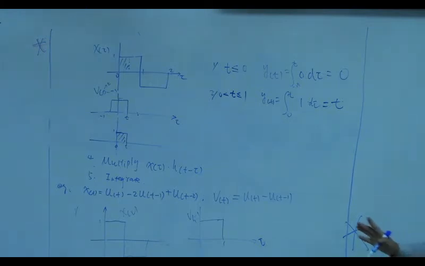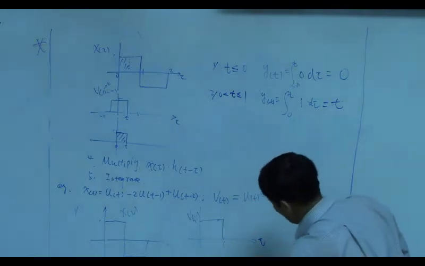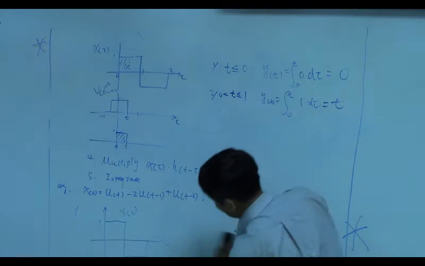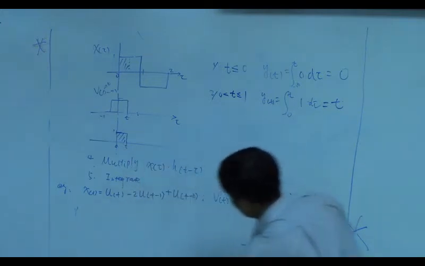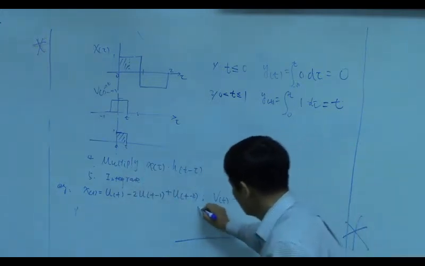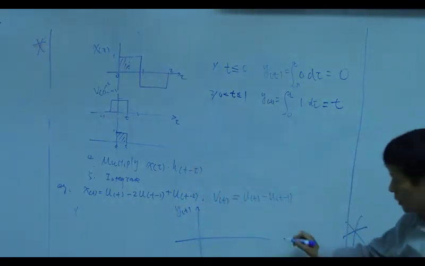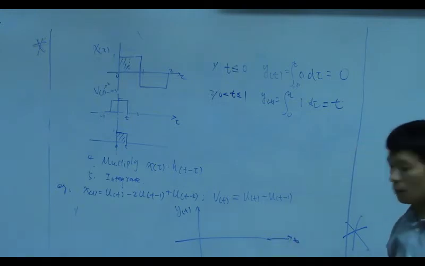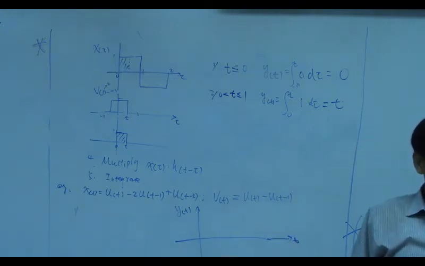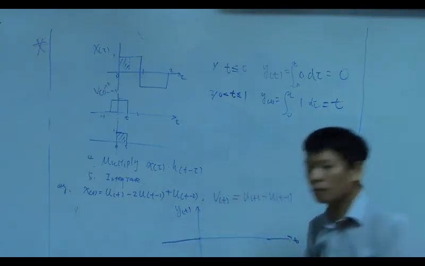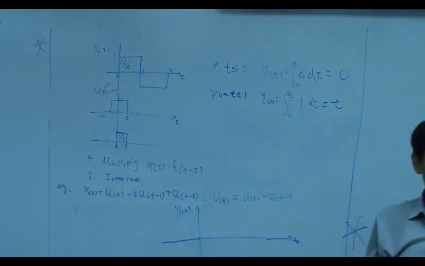Okay, now let's draw the output. We don't need this anymore, right? So I will draw at this point. The output is a function of time, and this is time. When t is less than or equal to 0, what is the output? 0. Here, that is our output.